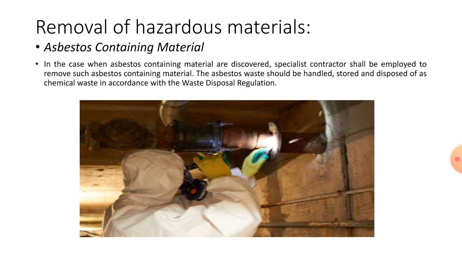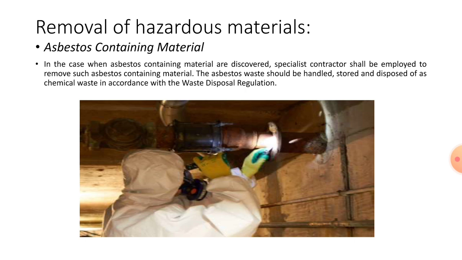Asbestos containing material is hazardous because when you are demolishing any structure, you need persons, you need laborers, so they should maintain their health throughout the demolition. At this time you can't take a risk with hazardous materials. So asbestos is a hazardous material, and you need a proper contractor who can help remove the asbestos material from the building site.